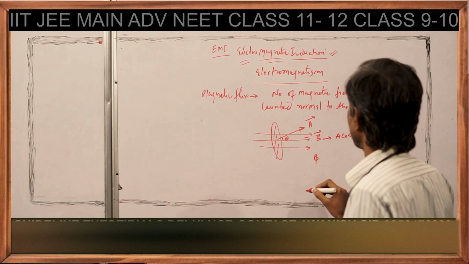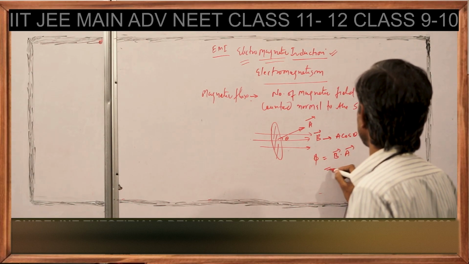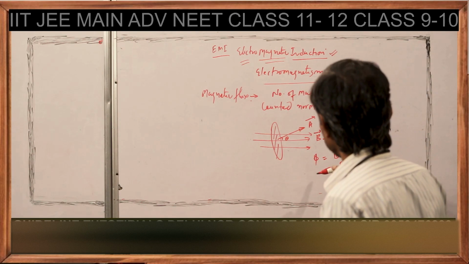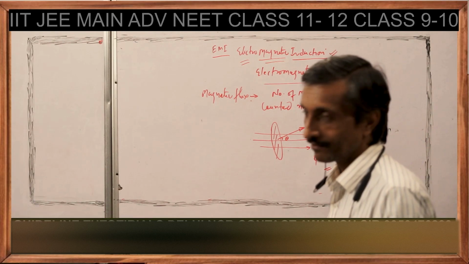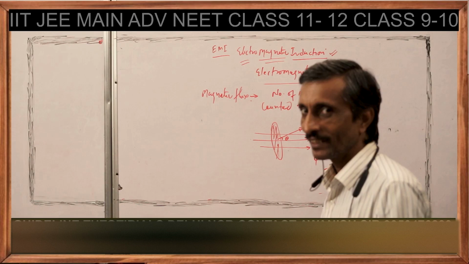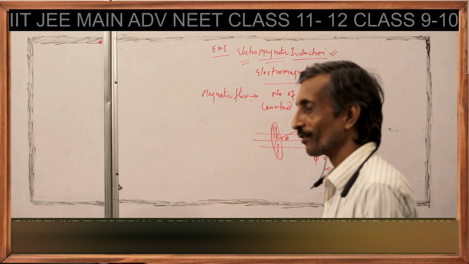So we can say the flux is B dot A, that is B A cos theta. The angle is between the area vector and the magnetic field vector, not the plane, because this is the plane of the area. The area vector is perpendicular to the plane.